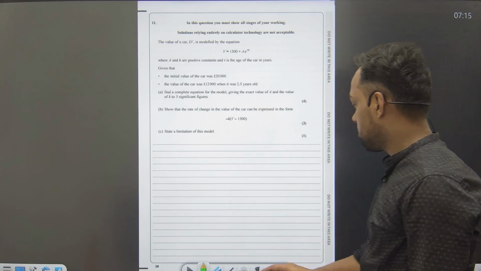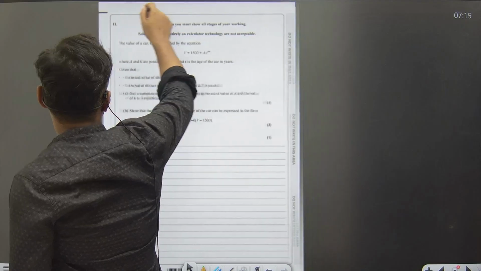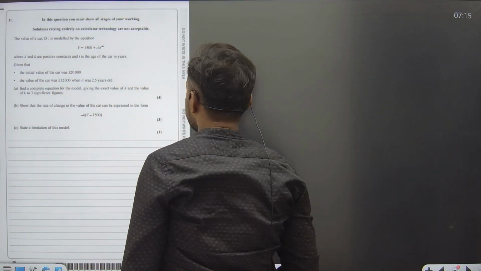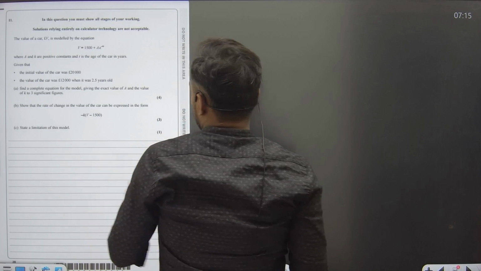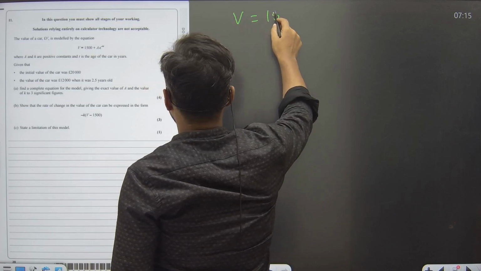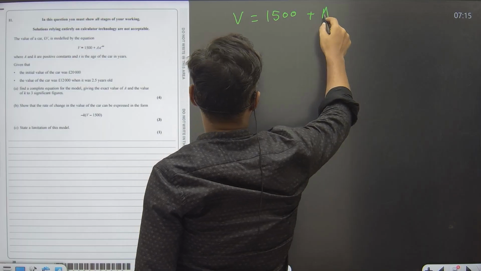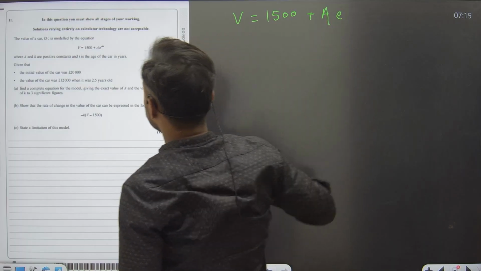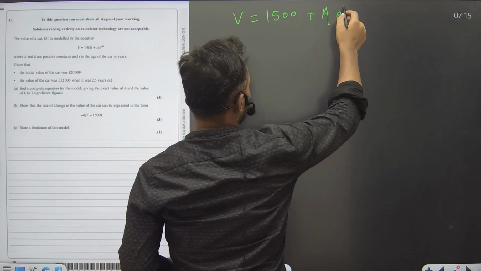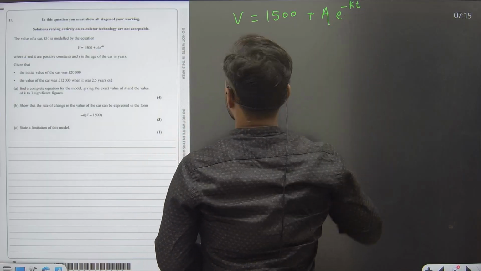Now the next question. In this question you must show all stages of your working. They have given the value of a car which is modeled by the equation V equals 1500 plus A e raised to the power minus kt.